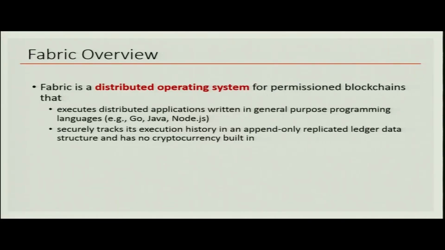An operating system can run applications written in any language, and here also the same thing is chosen by design. And then you have the additional thing that execution history is kept in a replicated ledger, which is tamper resistant, and it has no cryptocurrency built in.